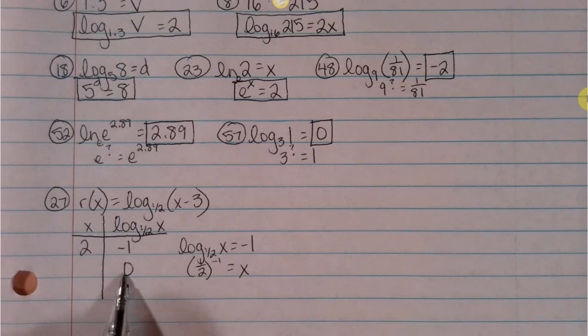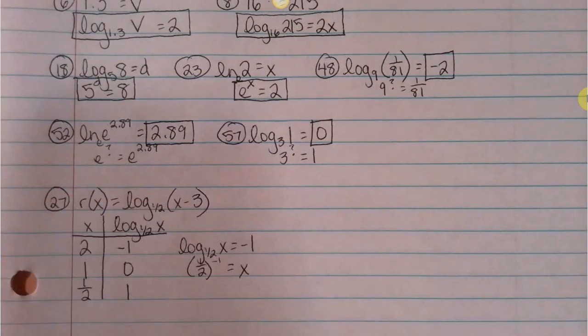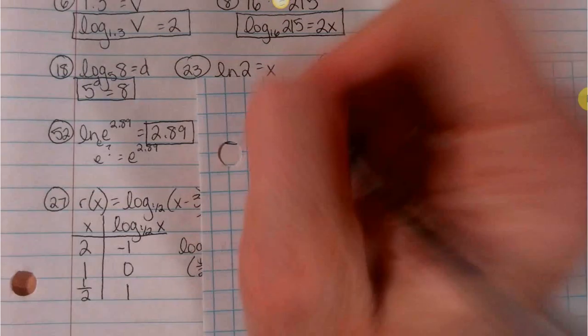Since this is the y value, this is the same as evaluating 1/2 to the 0, which is just 1. And when y is equal to 1, that's the same as evaluating 1/2 to the first power, which is just 1/2. So I'm going to start by plotting that collection of points.